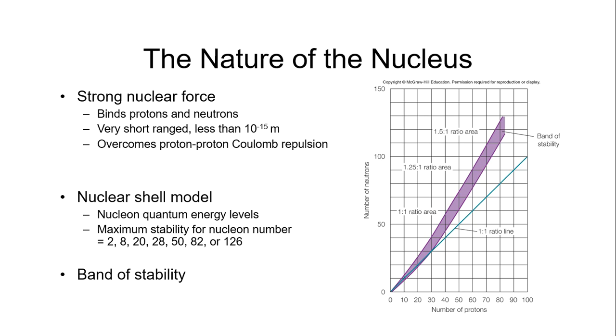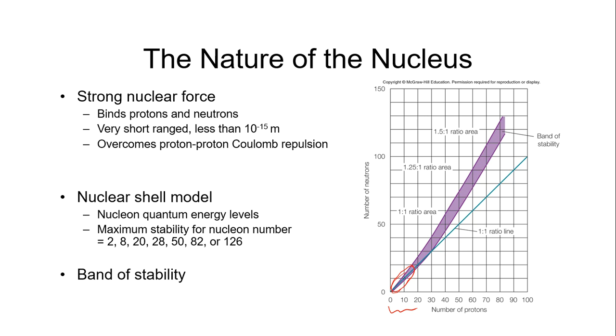You can see with these lower numbers of protons that the number of neutrons is right around that 1-to-1 ratio, which you're talking about helium, hydrogen, boron, carbon, oxygen, all of those atoms. We're going to roughly have the same number of neutrons as we do protons.